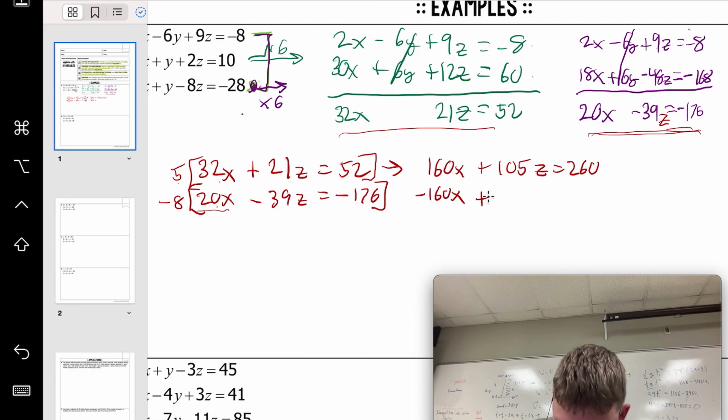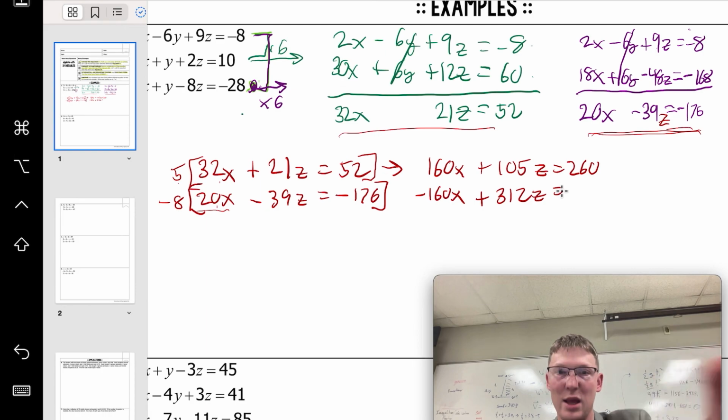So now a negative 8 times a negative 39 is a positive 312z equals a big number. So negative 8 times that is going to be 1668.